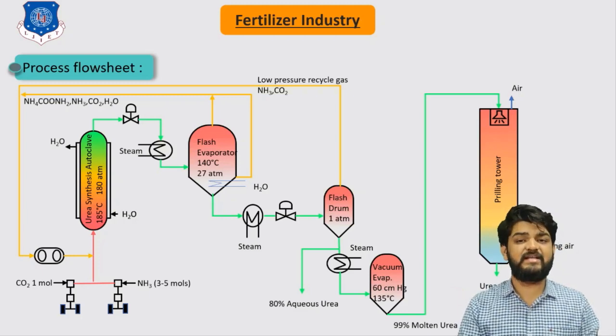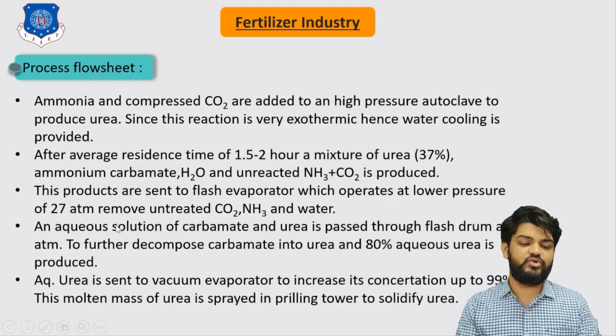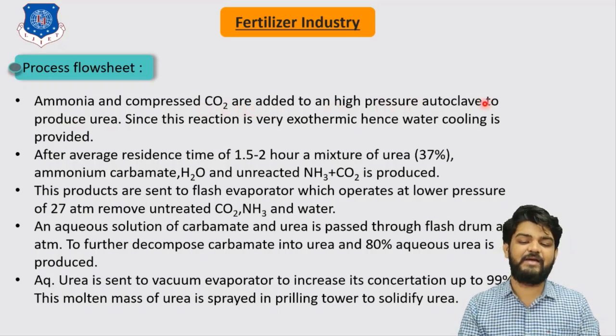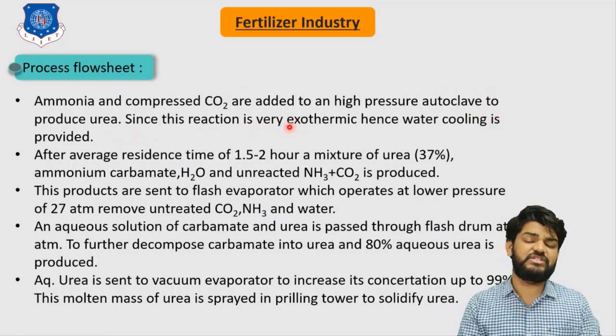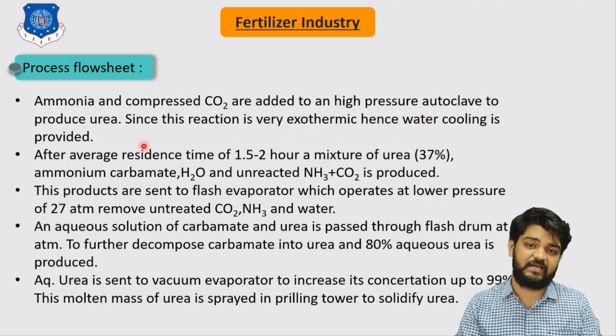Now, having said that, let's quickly see the process description of this process. As you can see here, ammonia and compressed CO2 are added to the high pressure autoclave, as we understood in the flow sheet, to produce urea. Since this reaction is highly exothermic, water is supplied to the outer jacket.